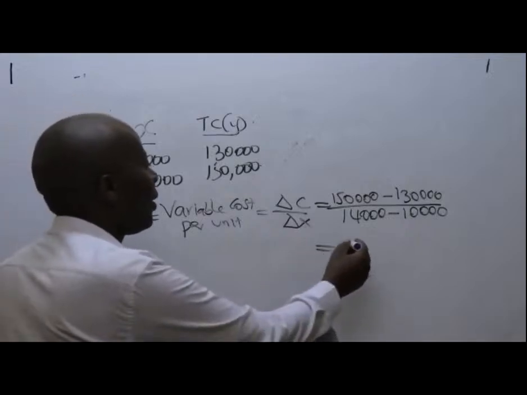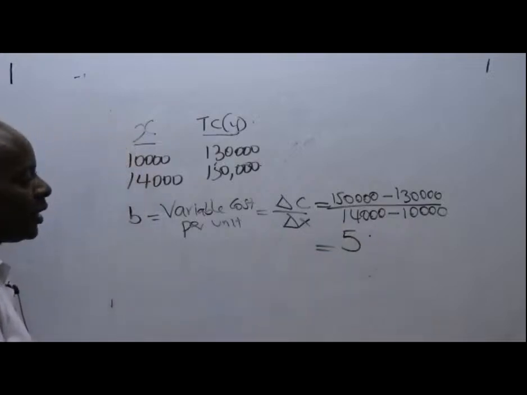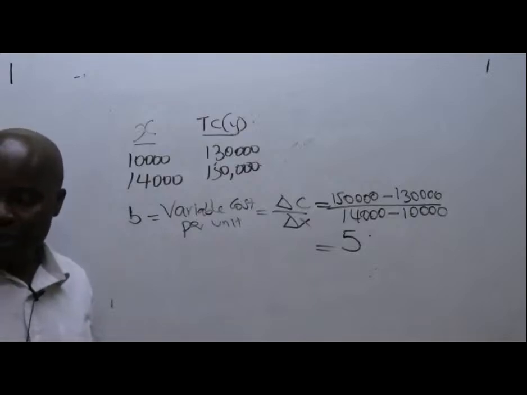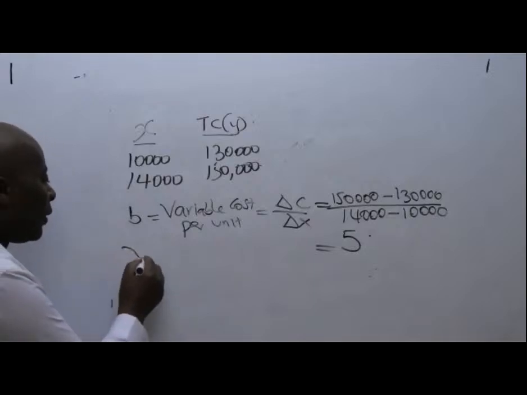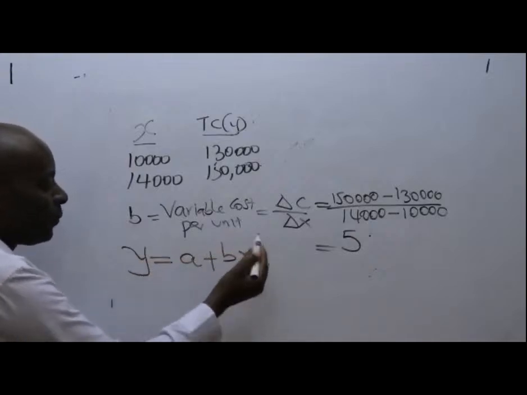So once I get variable cost per unit as 5, the next thing is for me to get the fixed cost, which is a. Remember, our straight line equation is y equals a plus bx.